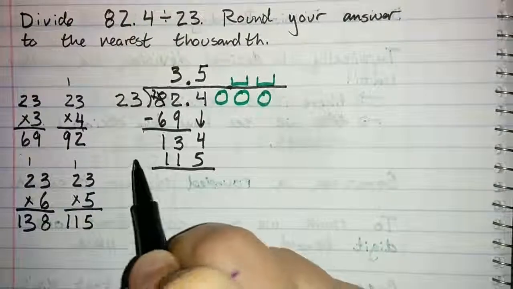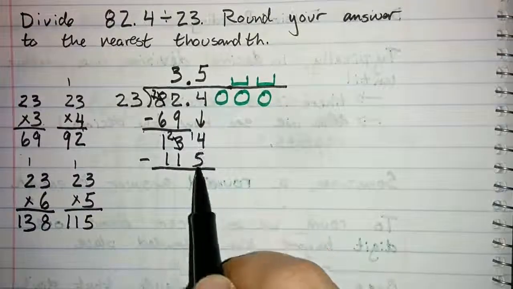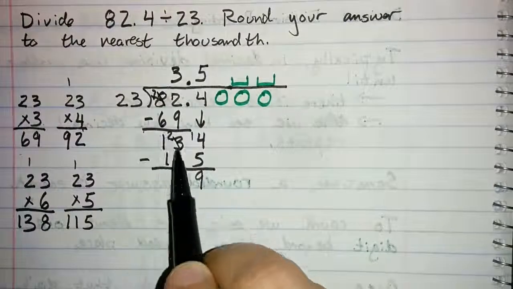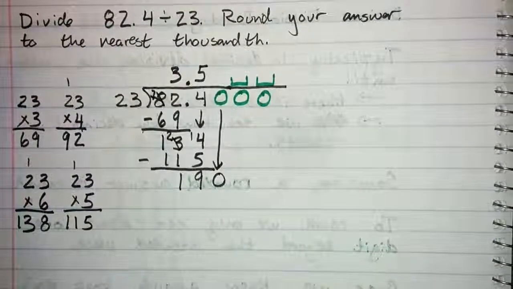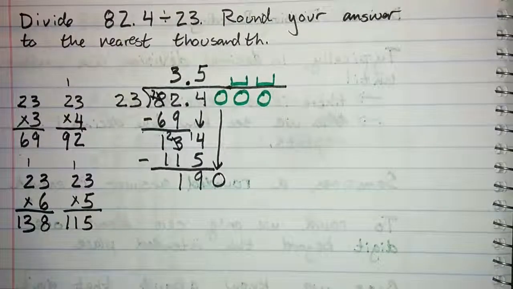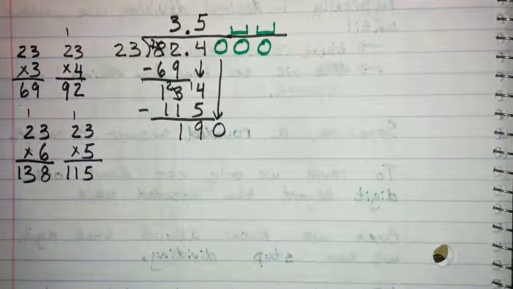115. Subtracting, I need to borrow. 14 minus 5 is 9. 2 minus 1 is 1. Bring down this first 0. 23 into 190. It looks like 6 is probably too small.